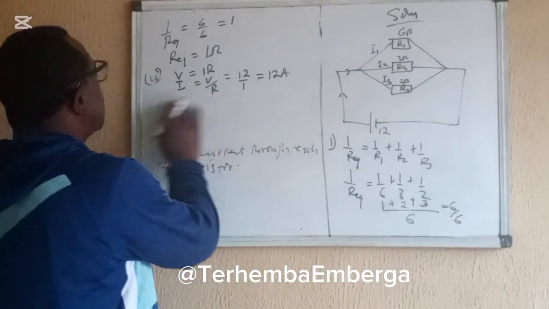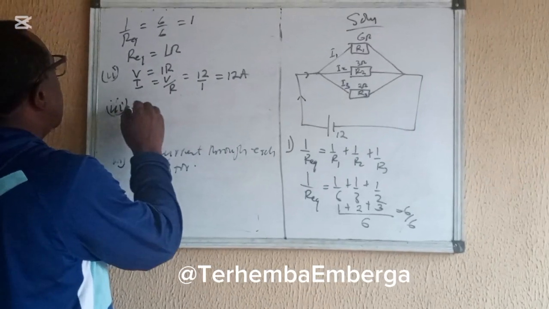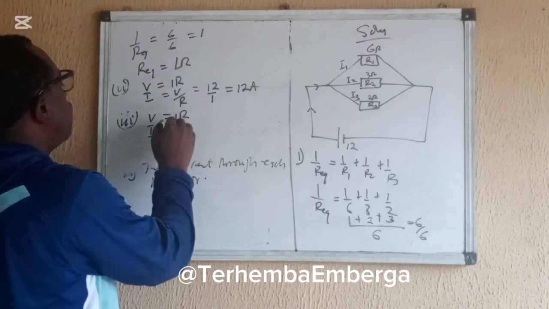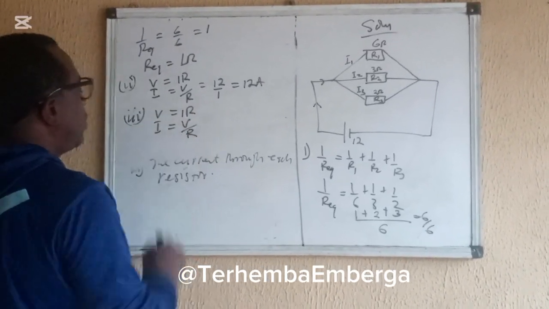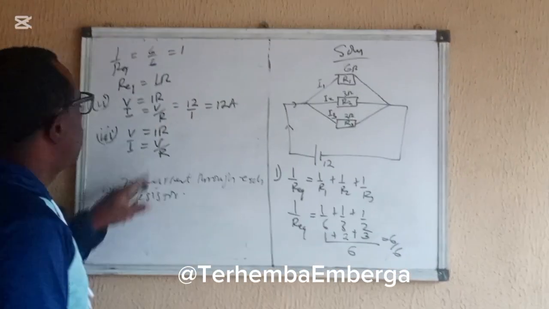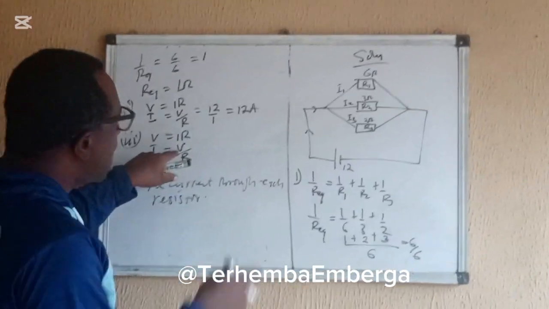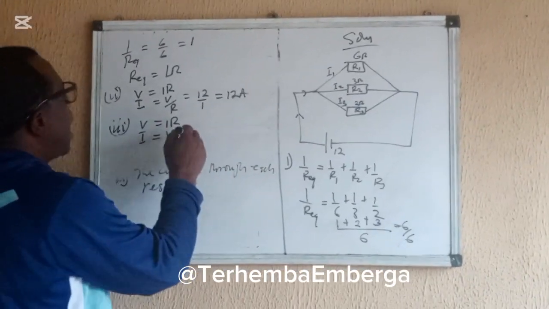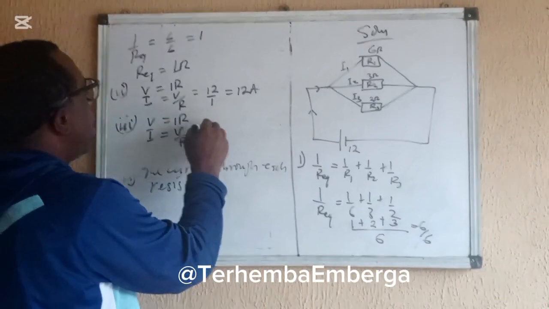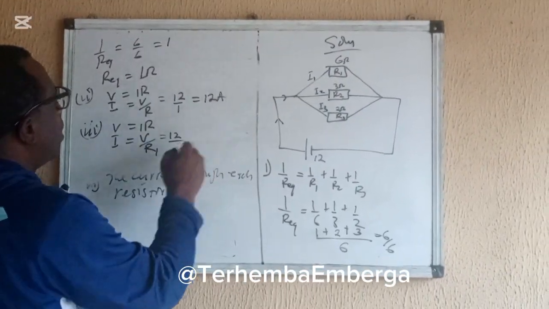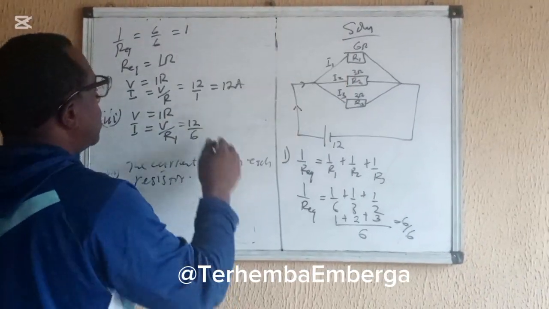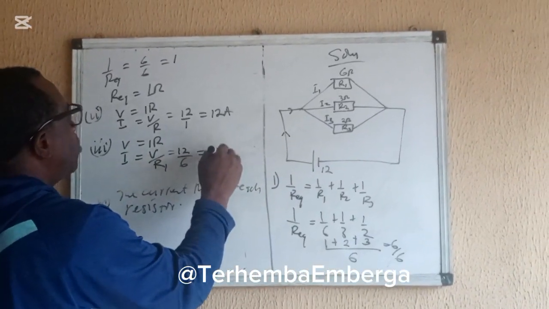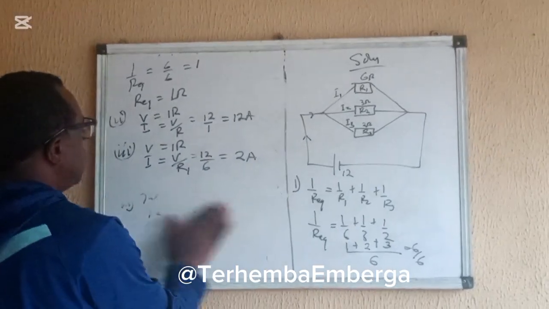So from here, the same Ohm's law, we can say that V is equal to IR, and I is equal to V all over R. That's the current through each resistor. And in this case, the potential difference is common, which will still be 12. And this will be equal to 12 all over R1. This is 6 because R1 is 6, and that will give us 2 amps. 12 divided by 6 is 2 amps.